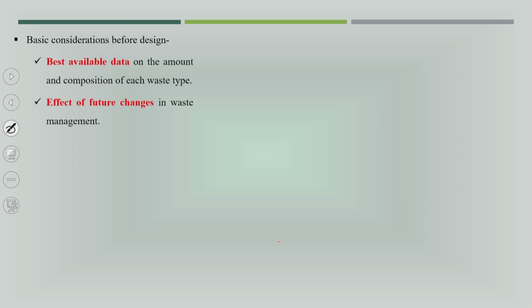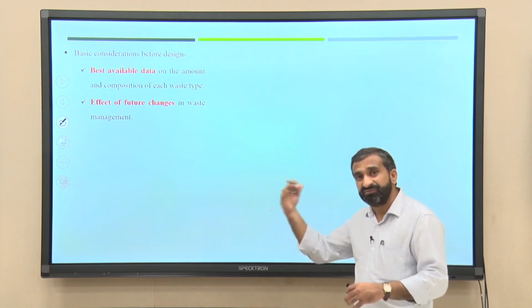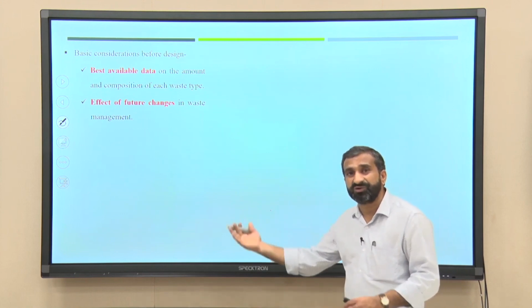Now, the basic considerations before design. I showed some parameters, but other considerations include the best available data on the amount and composition of each waste type. You need to know how the compositions are changing with time, the future waste generation, and how these compositions are going to change in future.